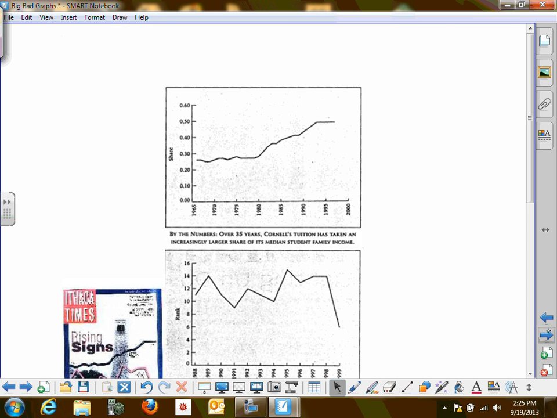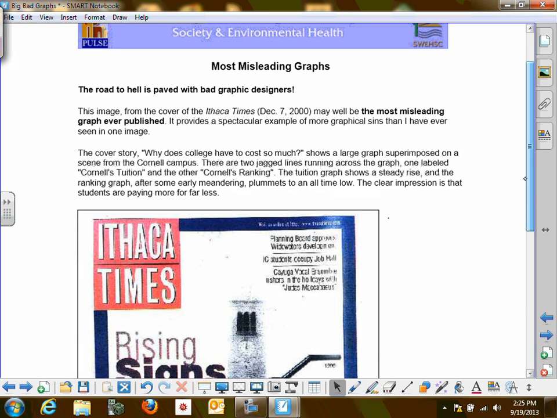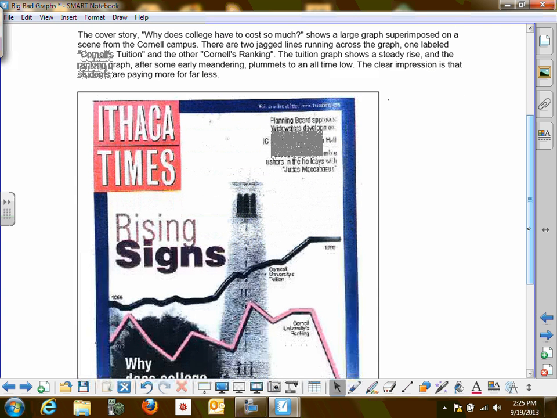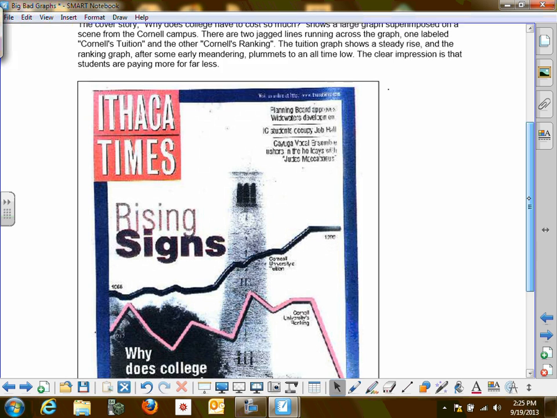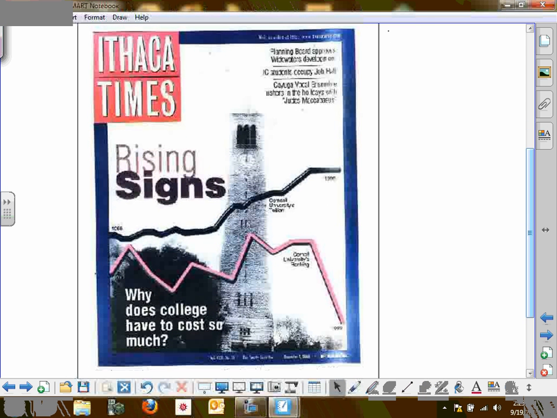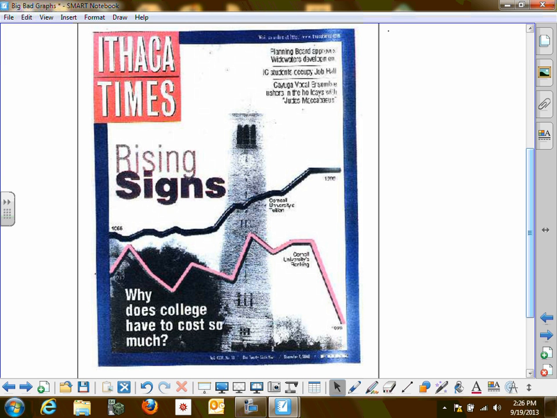Here's the next one. This one, I think, would have a closer impact on you because it's about college. So here we go. It's actually at Cornell University in Ithaca, New York. This is a magazine, Ithaca Times, and this person, and I don't even have the details of who did it because they should be fired, had the whole front of the magazine with this article that says, Rising Signs: why does college have to cost so much?